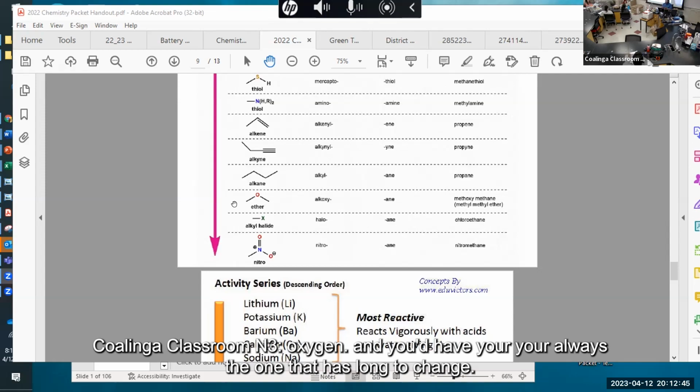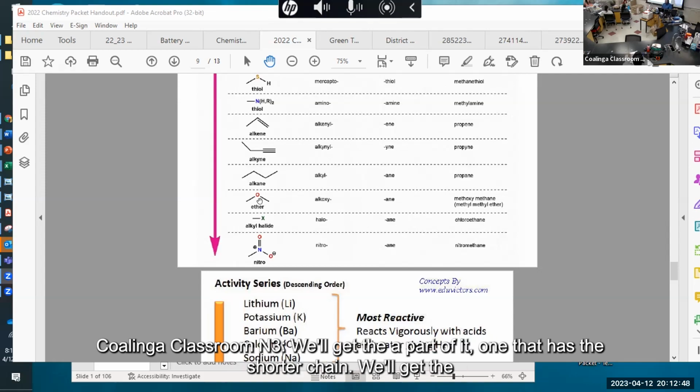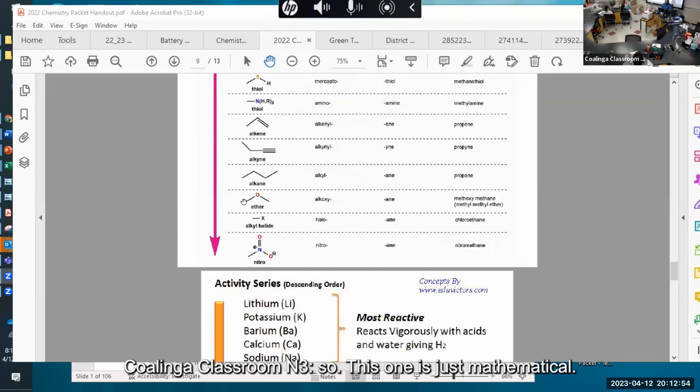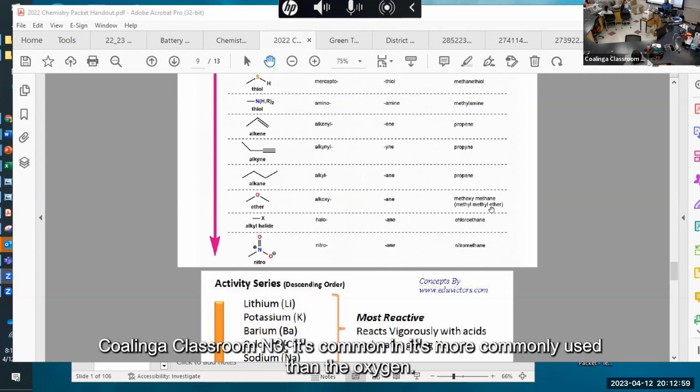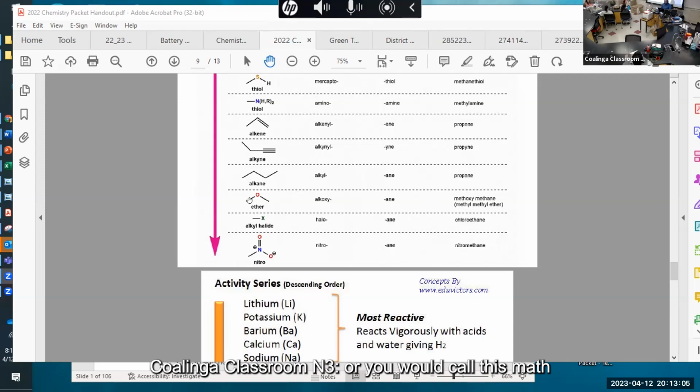Always the one that has the longest chain will get the ane part of it, and the one that has the shorter chain will get the oxy added on to it. So this one is just methyl ether, that would be its common name. Its common name is more commonly used than the oxy. Or you would call this methoxymethane. So it's technically below it. However, if you use methyl ether, it's above it. That's why it's located here in the other one.